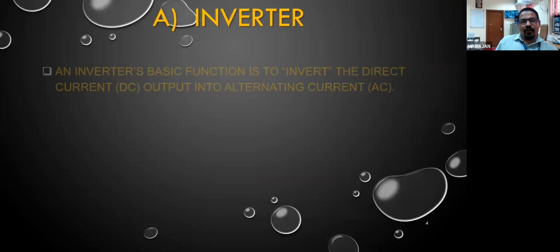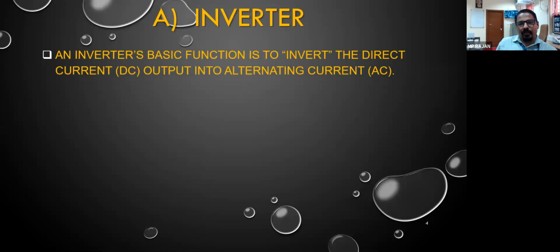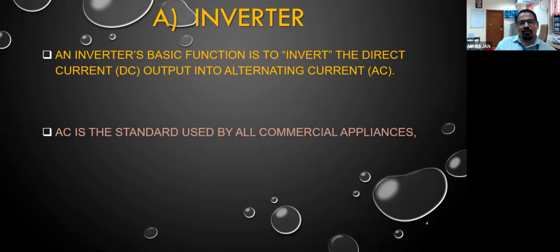So first of all, an inverter. What is an inverter? It's a device used to convert the direct current DC into AC, alternating current. Because most of our appliances are working on AC. In our home, all the appliances, fridge, motors, lights, fans, etc., are all working on AC because AC power supply has got so many advantages.